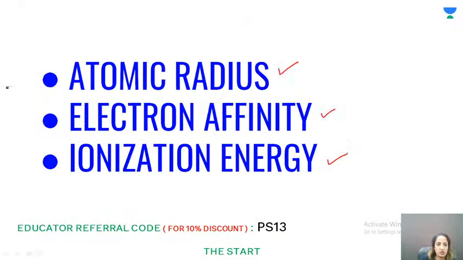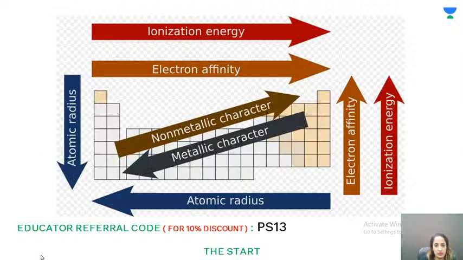So I talked about all these trends: the atomic radii, electron affinity, and ionization energy. Let me go over it quickly. As we move along the period, our ionization energy goes up and electron affinity goes up.